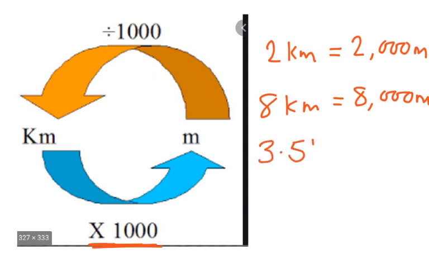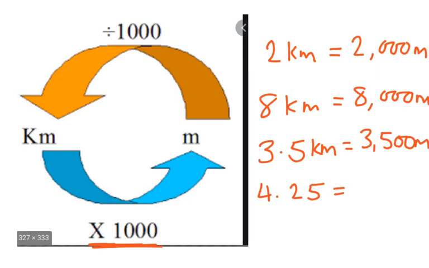If we were looking at doing 3.5 kilometres, well, all we need to do there is look at what is half of 1,000, which is 500. So in metres, that would be 3,500. What if we wanted to look at 4 1/4? Okay, so that would be 4.25.